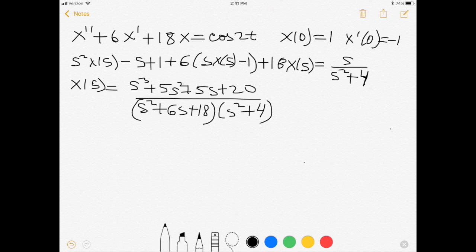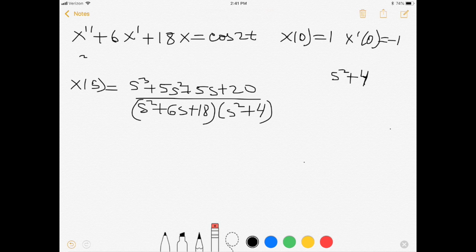I cleared a little bit because it's taking so much space.